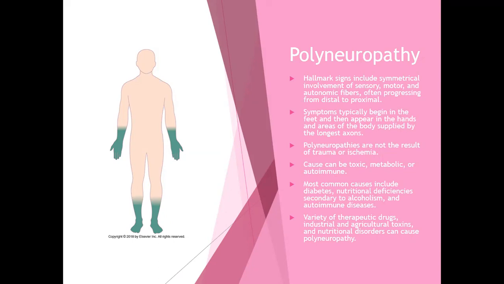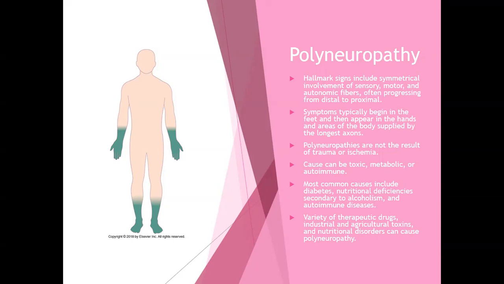As opposed to mononeuropathies, polyneuropathies are not usually due to trauma or ischemia. The cause of polyneuropathies can be toxic or metabolic or autoimmune or even hereditary. The most common causes of polyneuropathies are diabetes, nutritional deficiencies secondary to alcoholism, and autoimmune diseases.